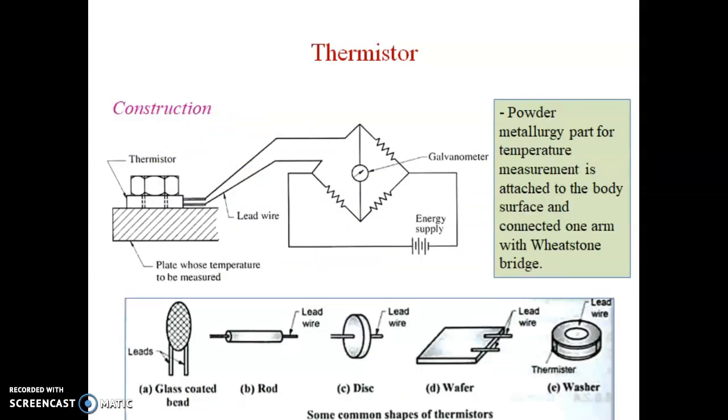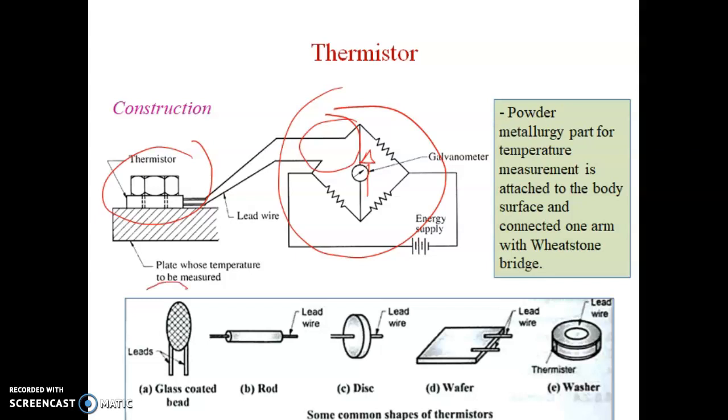For measurement of the temperature, here also we employ a Wheatstone bridge circuit. The thermistor is connected to one leg of the bridge, and a variation in resistance will cause an imbalance in the circuit, and there will be a flow of current through the galvanometer, whose reading is calibrated to show the variation in temperature.